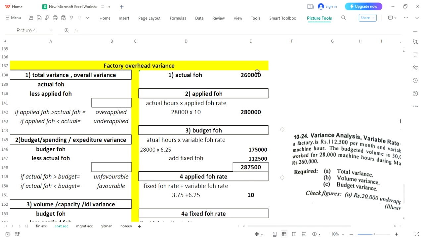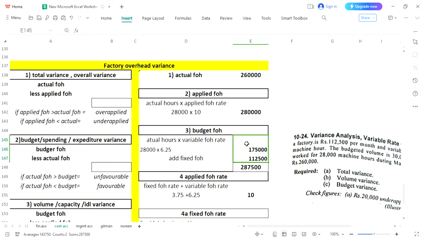Actual FH amount present, applied FH amount present, budget FH amount present. And please keep it in mind, these are the three basic factors with which all the variances present on the left side would be calculated. So what we have done, we have calculated, and we have taken some of the amounts from the question.